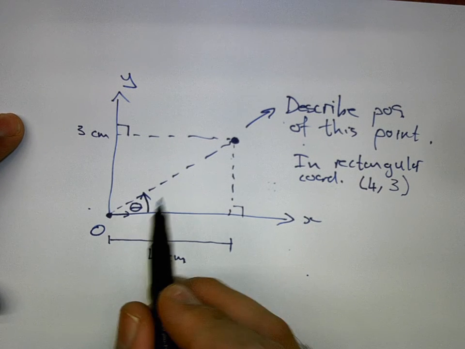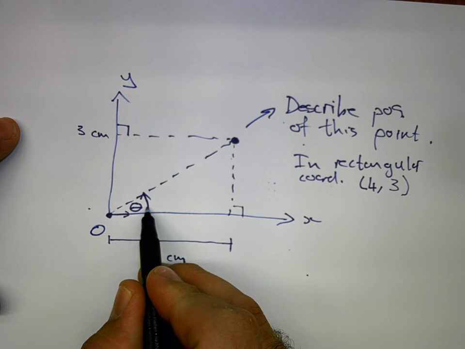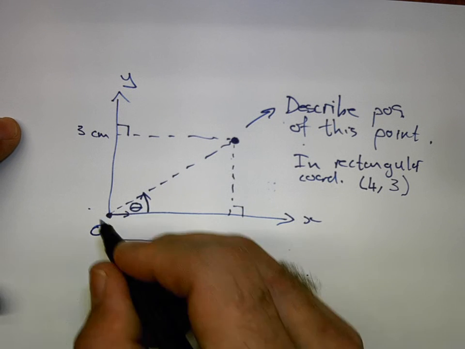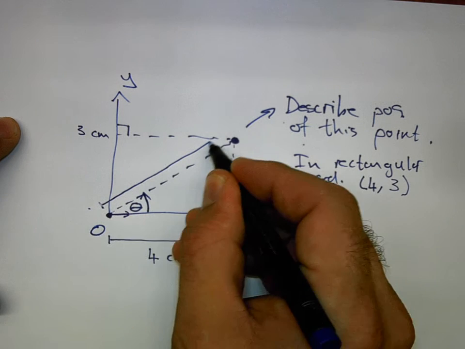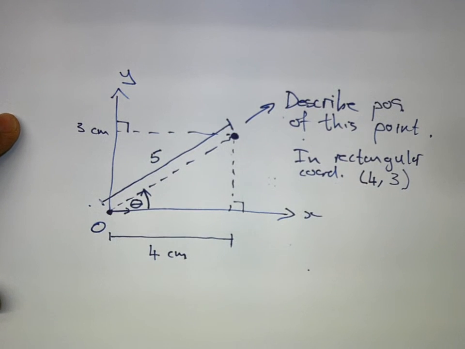So we can say, start from the x-axis, go anti-clockwise and turn through this angle, and now you walk a certain distance. In this case, we're lucky that distance will just be 5.